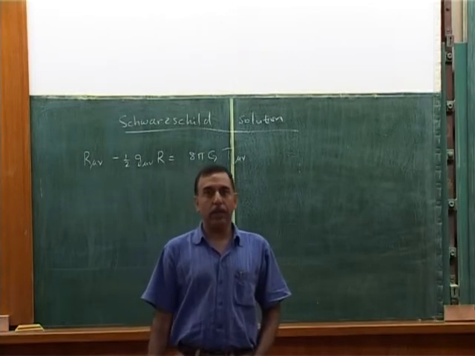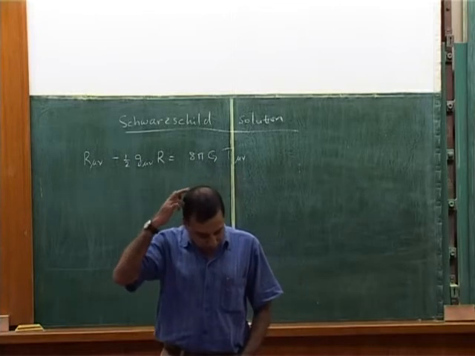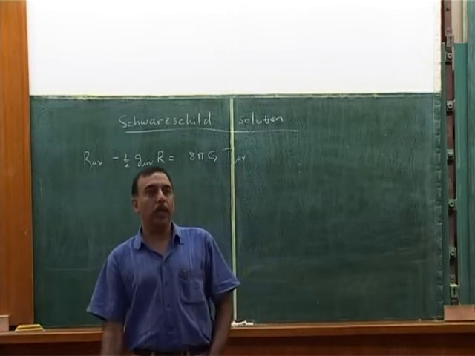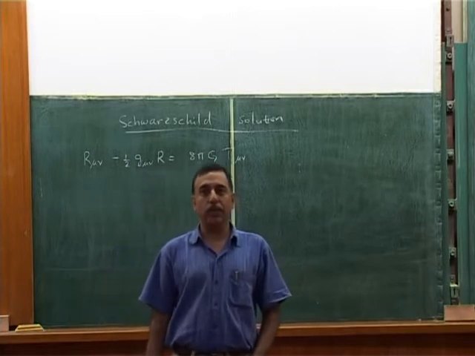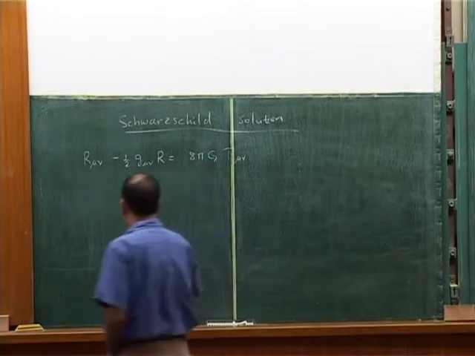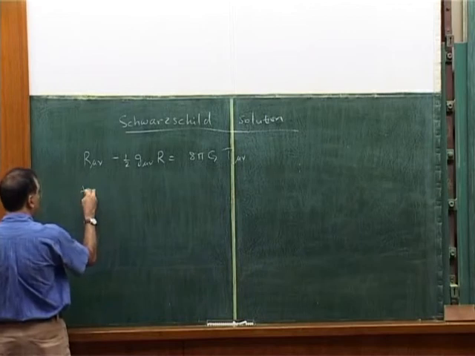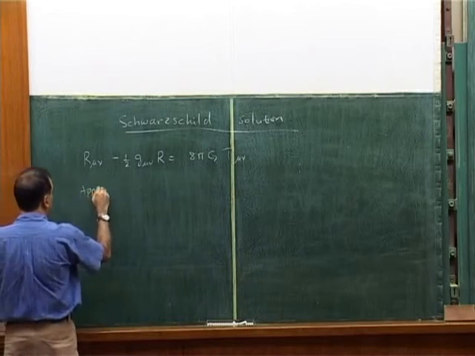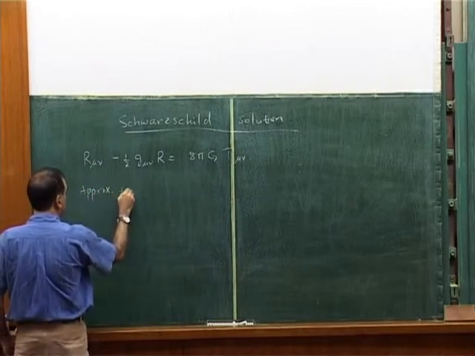Of course, finding approximate solutions is not going to be difficult, because we know that in a situation where Newtonian physics is right, there's an approximate solution. We've seen this very early in this course.